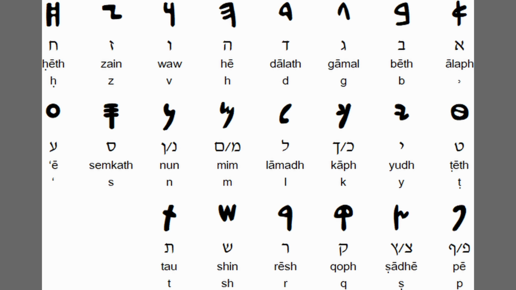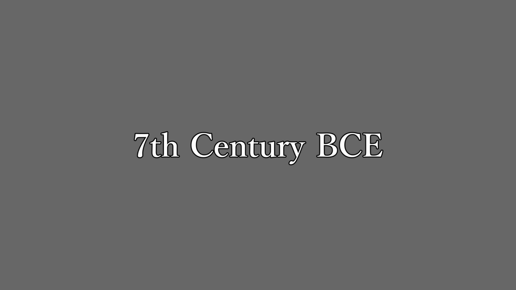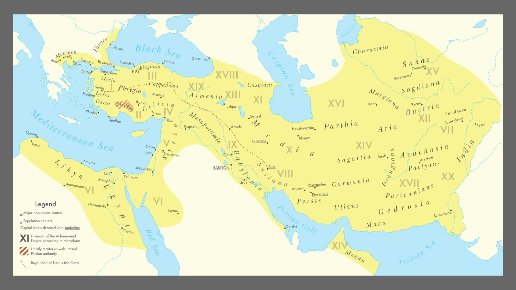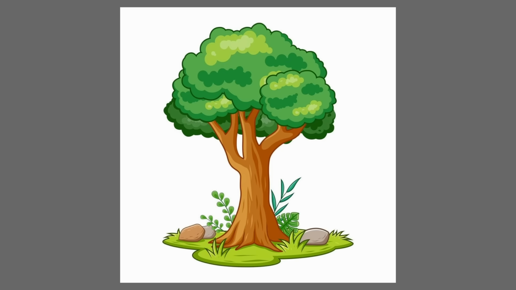So, the Phoenician and Aramaic alphabets, much like their Egyptian predecessor, only represented consonants following the Abjad system. Now, the Aramaic alphabet, which sprouted from Phoenician around the 7th century BCE, became the official script of the Persian Empire. It's like the original ancestor of nearly all modern alphabets in Asia, except India. Now, let's imagine an alphabetic family tree.